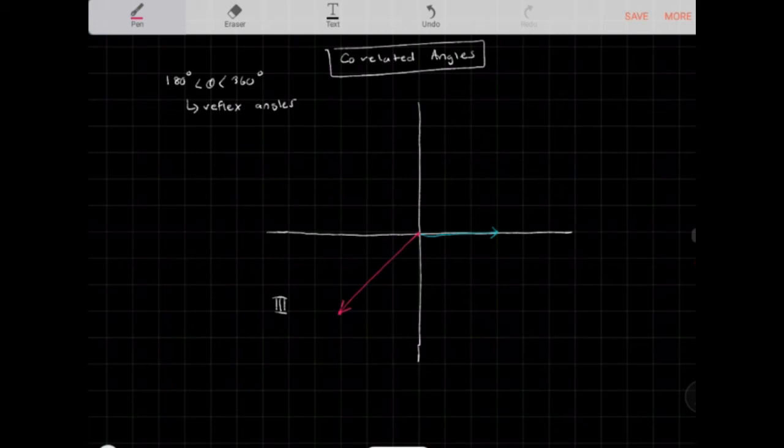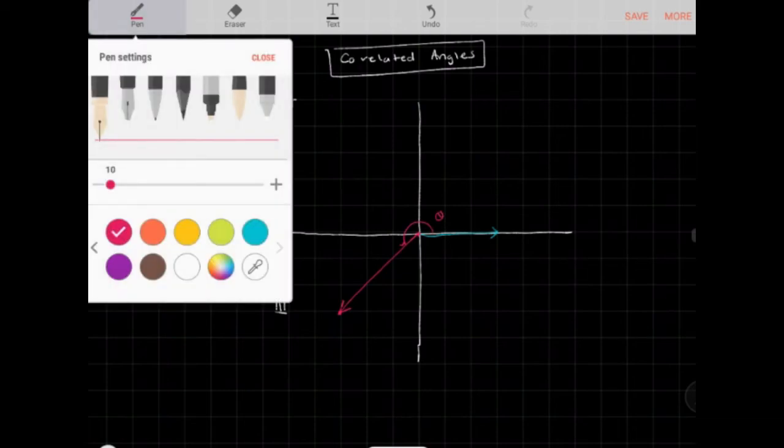This is your terminal arm, and in this case this is a reflex angle, so the reflex angle itself would be right here. So this is the reflex angle theta. You don't have to color this in, but it's located out there. And we want to find the value of particular trig ratios of a reflex angle.